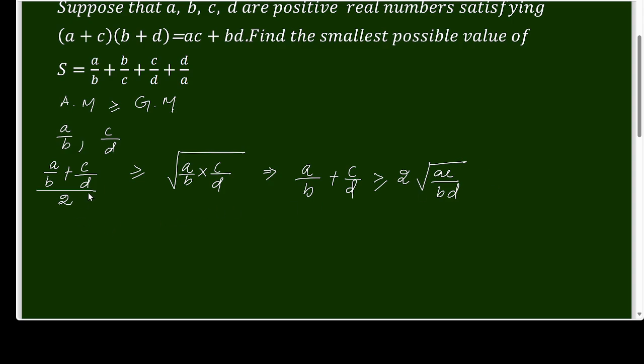Now in the same way, as I took A by B and C by D, I'll take this one now. So B over C plus D over A, I can write, is greater than or equal to twice the square root of BD over AC.